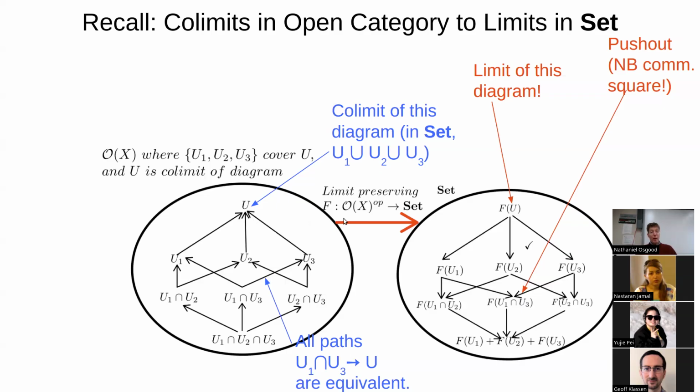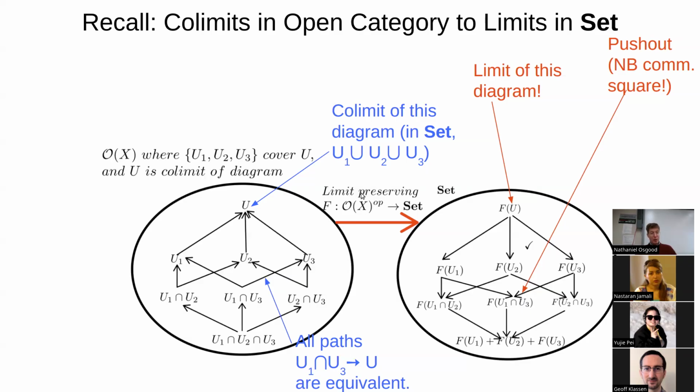So we're going to be passing it through a pre-sheaf, but more than that, we're going to be passing it through a limit preserving functor. Okay, a limit preserving functor from this category up into Set. It's going to preserve limits in this category up to sets.